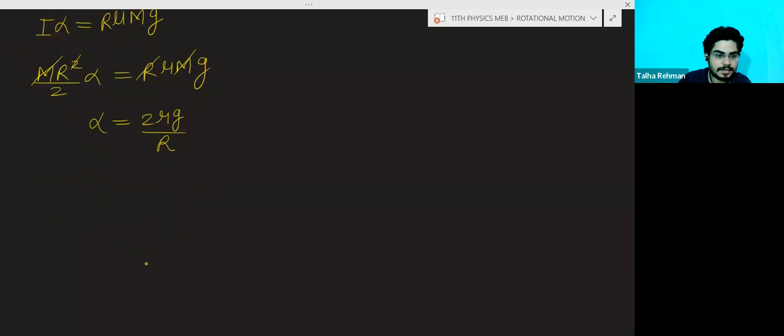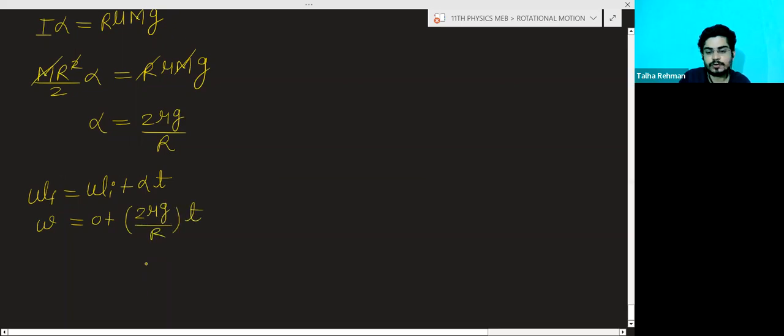You can apply omega final is equal to omega initial plus alpha t. So omega final is omega, omega initial is 0, alpha is 2 mu G divided by R, into t. From here you can calculate t: t will be R omega divided by 2 mu G.